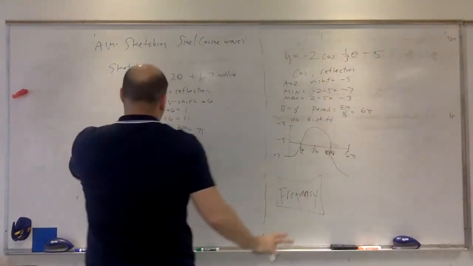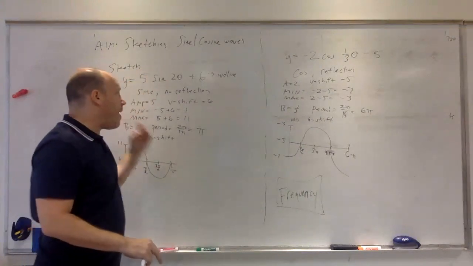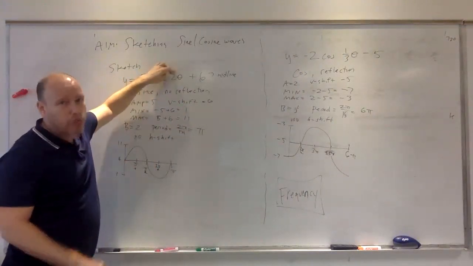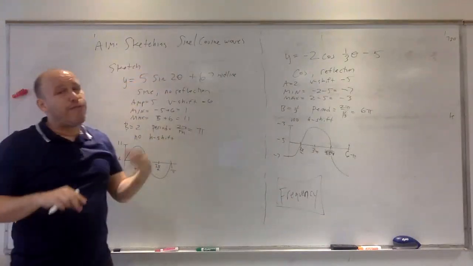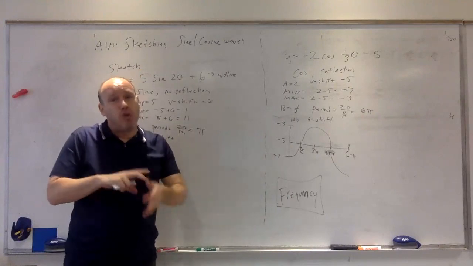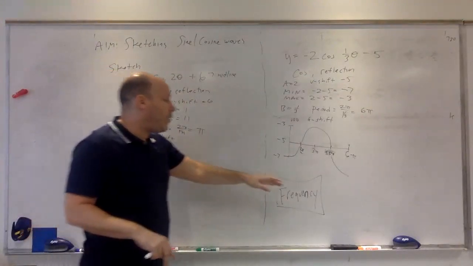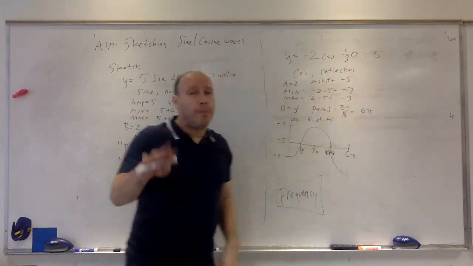Now, I used to think that b was the frequency. It's not really, because in math, we're interested in how many times a wave occurs over 2 pi. So I might say the frequency over 2 pi is 2, or the frequency over 2 pi is 1/3.